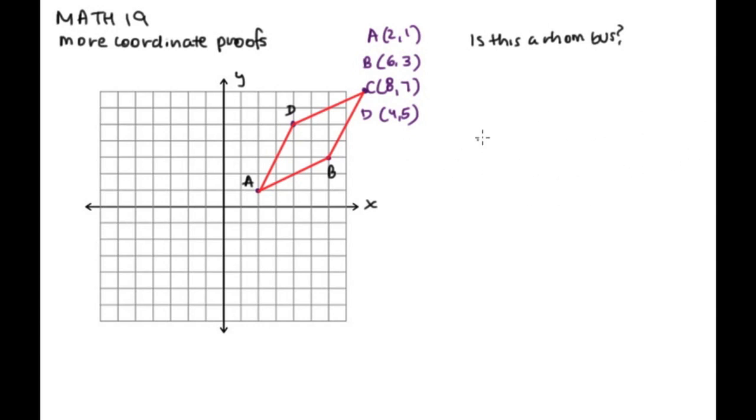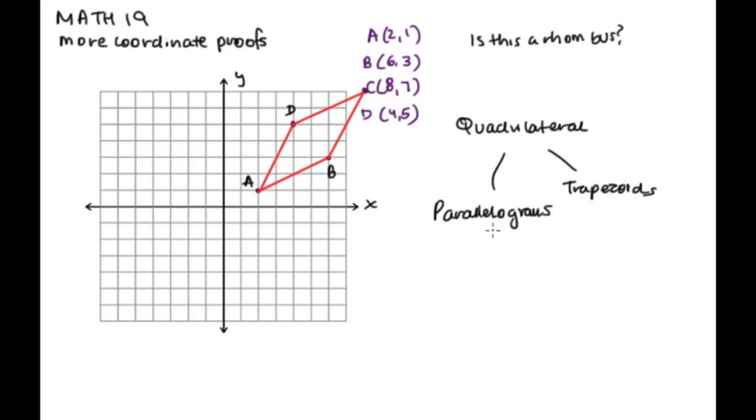This is kind of like the hierarchy of quadrilaterals. First you have a quadrilateral that's separated into trapezoids and parallelograms, and these parallelograms can be rhombuses or rectangles, but both of them make up a square.